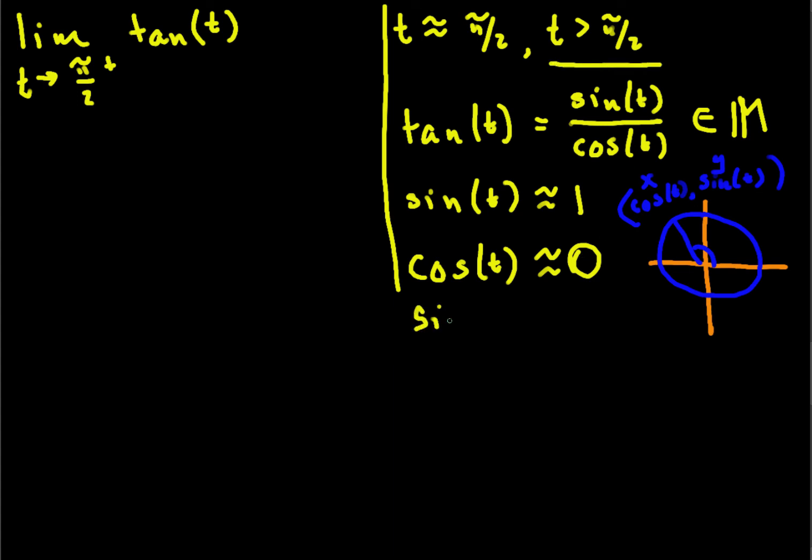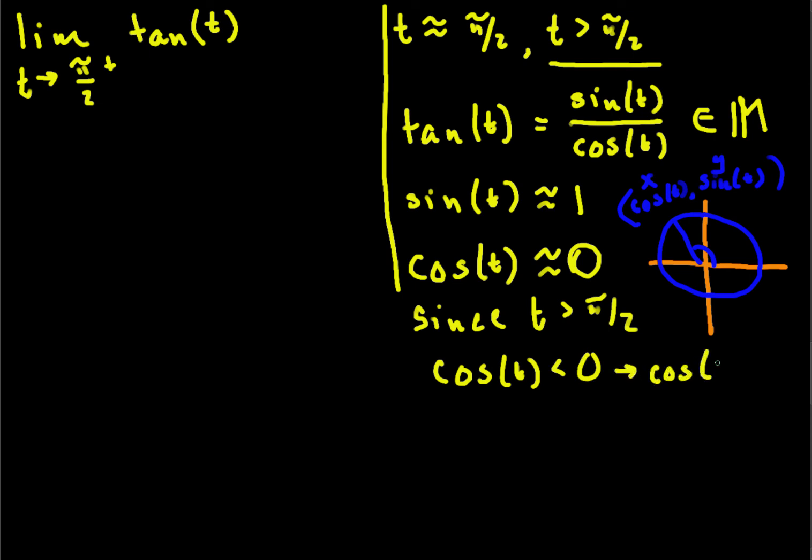So since t is bigger than pi over 2, cosine of t is less than 0, which tells us that cosine of t, since it's infinitely close to 0, is a negative infinitesimal.